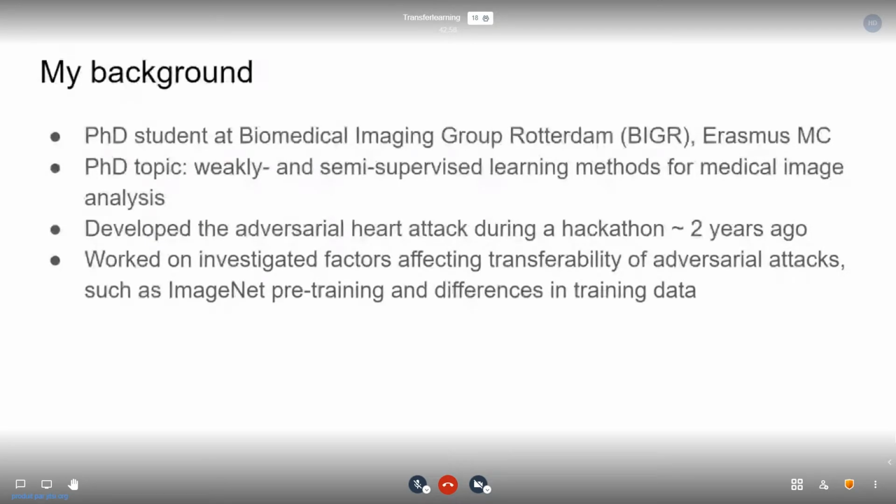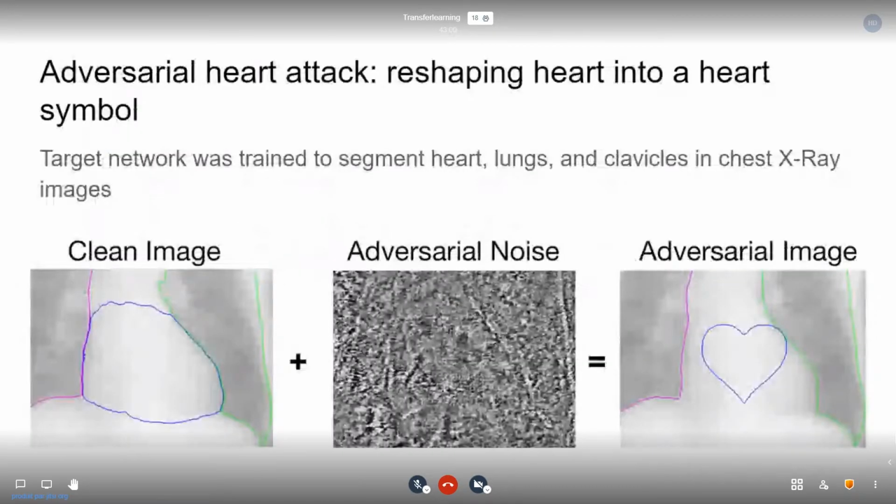So let's get to the adversarial heart attack. This image on the slide is basically the synopsis of what it is. We have a network that was trained to segment heart, lungs, and clavicles in chest X-ray images. This image here shows predictions made by this network. The blue is the heart, and green and pink are the lungs.